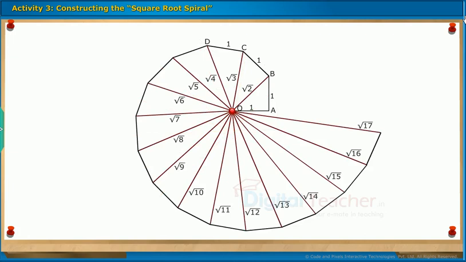Note that the line segments OA, OB, OC, OD and so on represent the lengths root 2, root 3, root 4 and so on respectively.